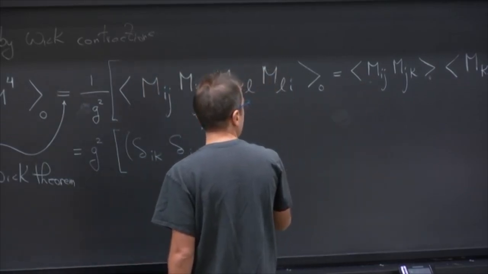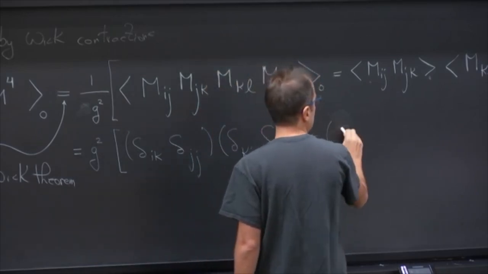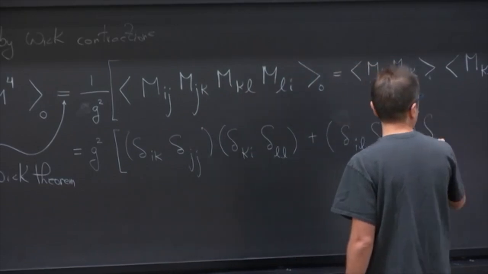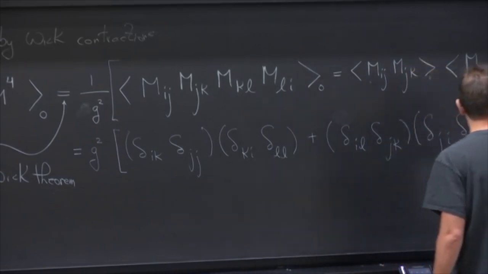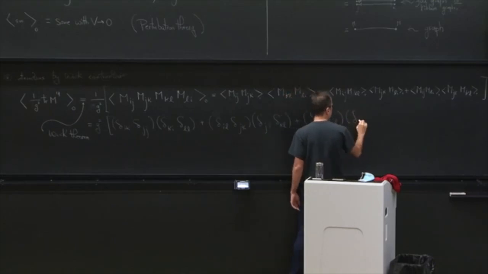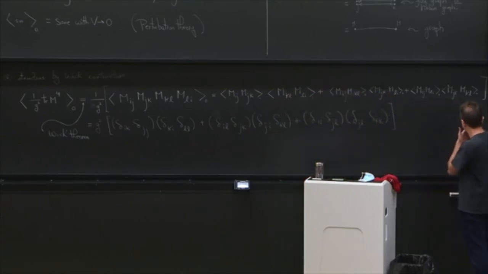The second one, mki delta ll, plus, let's go on, delta il delta jk, delta ji delta kl, plus delta ii delta jl, delta jl delta kk. Right? Always first with last, last with first.